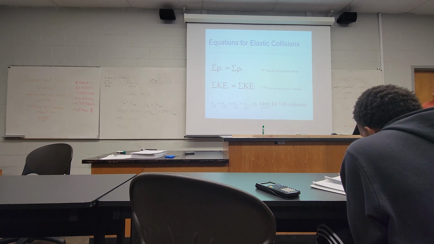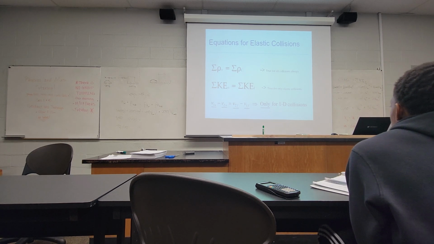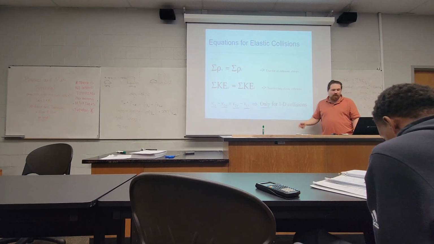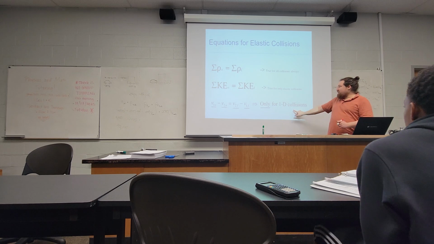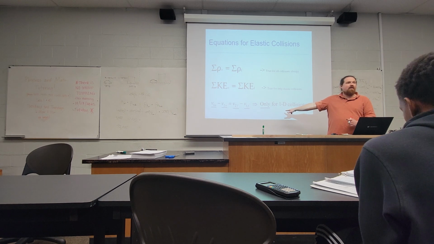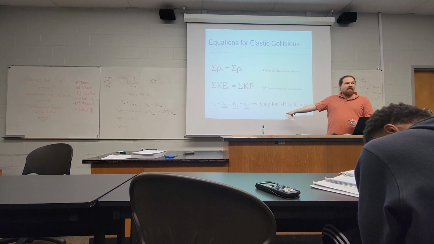This equation was developed using the kinetic energy version, and that's why it only works for a 1D elastic collision. That word is missing here. 1D elastic collision between two objects. So you can't use this for the arrow and the log that stuck together because that was an inelastic collision. This only works for elastic.